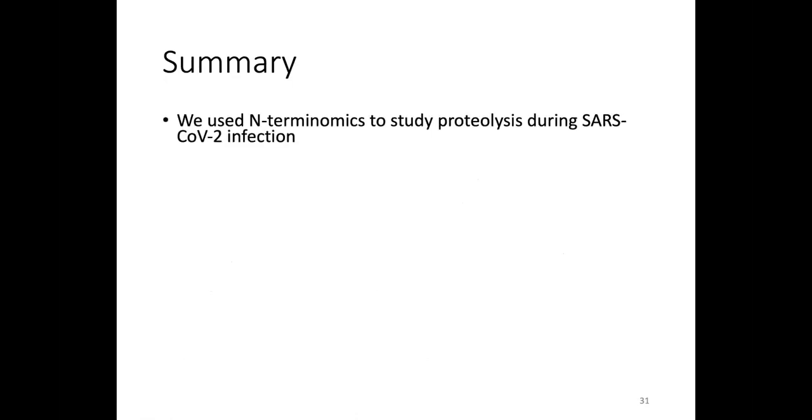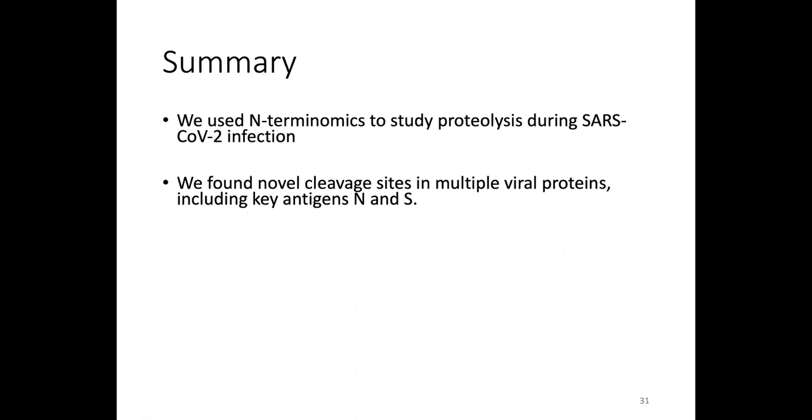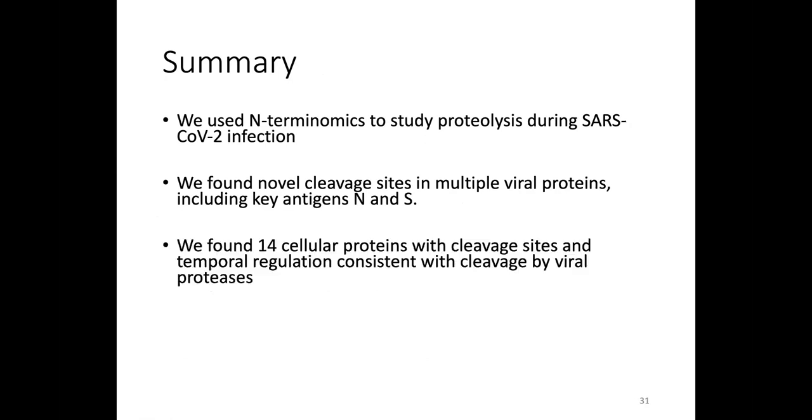So to summarize our preprint for you, we used a proteomic method called N-terminomics to study proteolysis during SARS-CoV-2 infection. We found a range of previously unknown cleavage sites in several viral proteins, including the nucleocapsid and spike, which are crucial antigens for vaccination and testing studies.